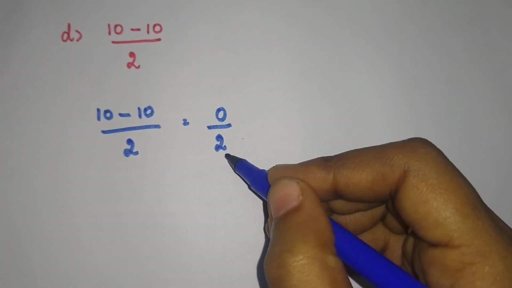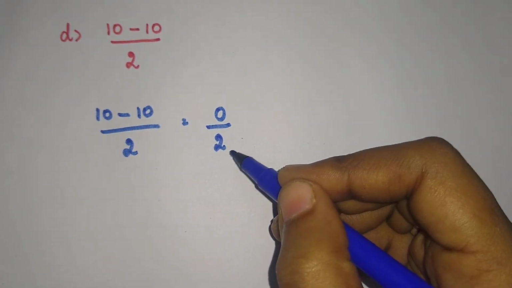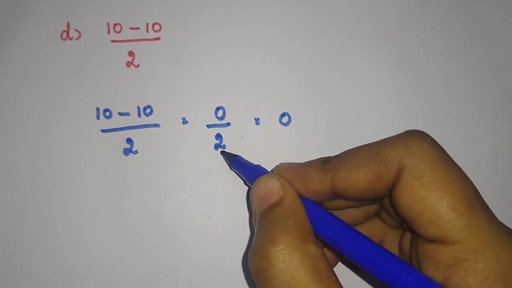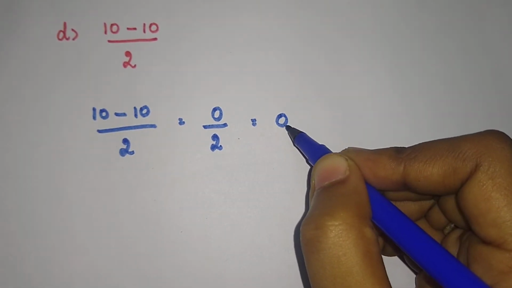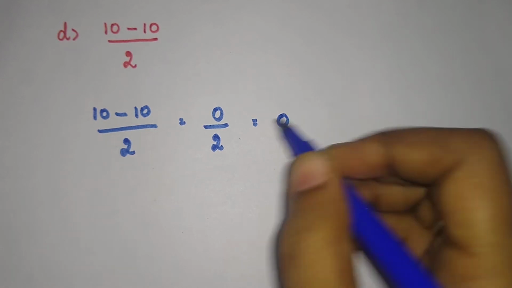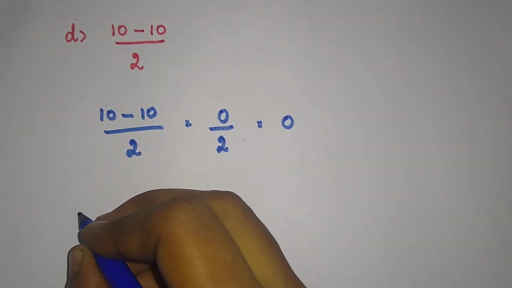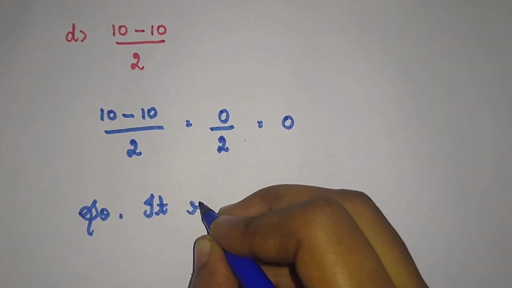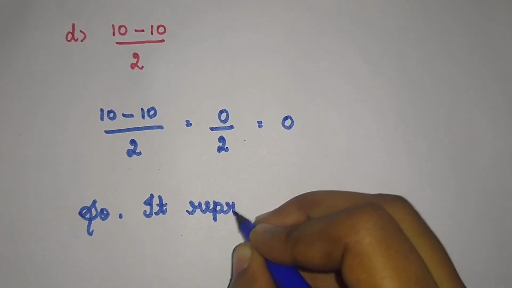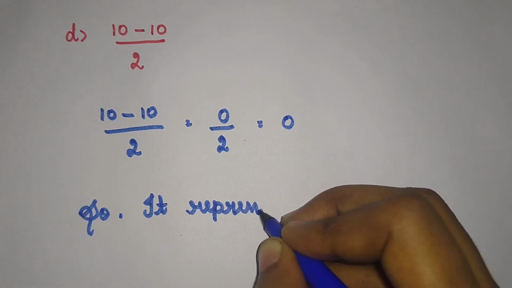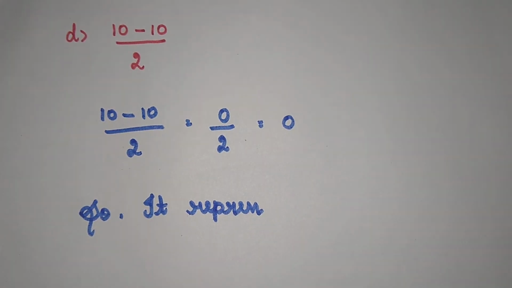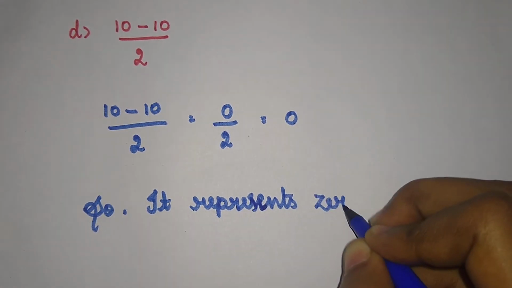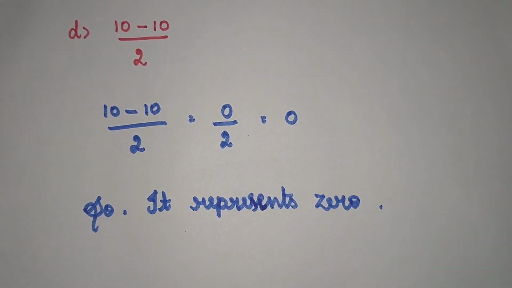Okay, 0 divided by anything, except 0, is 0. 0 divided by anything means the answer is 0. So, it represents 0. Okay, next let's see the second sum.